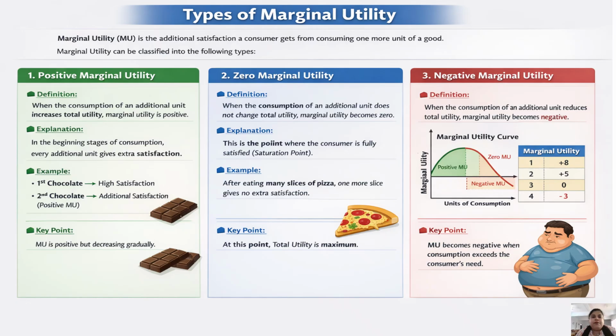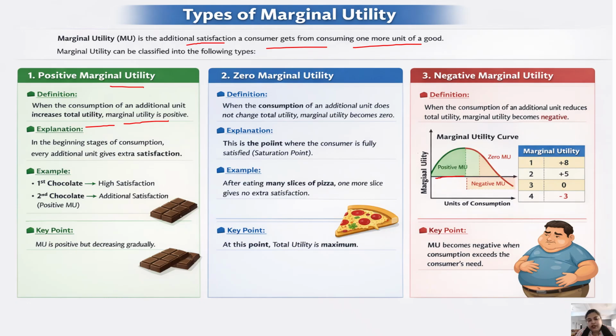Let's see the types of marginal utility. As you know, marginal utility is nothing but the additional satisfaction a consumer gets from consuming one more unit of a good, or it can be said that it is the addition to the total utility. There are three types of marginal utility. First is positive marginal utility, when the consumption of an additional unit increases total utility, where the marginal utility is positive. We can already see this in the graph.